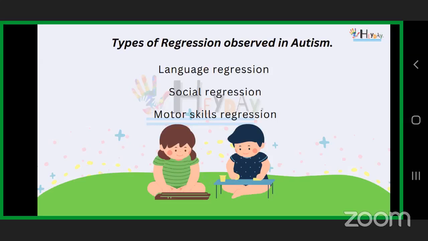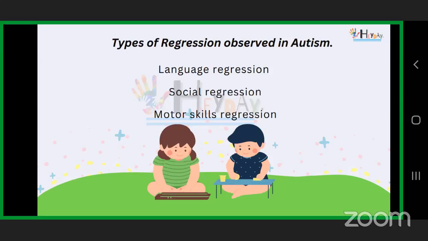So I always get this question anytime I talk about regression in autism. And I also asked myself this question before I did a little research, and I found out that yes, regression occurs most times. So I got this question a lot. Can a child with autism have all types of regression in autism? Yes, they can.